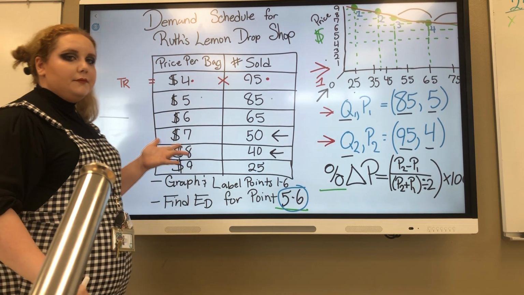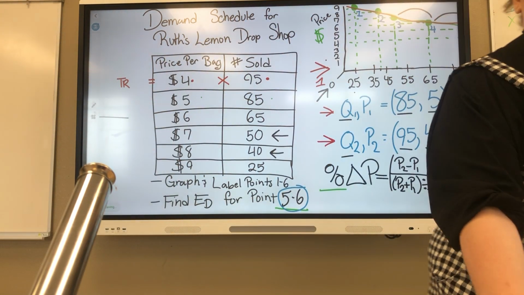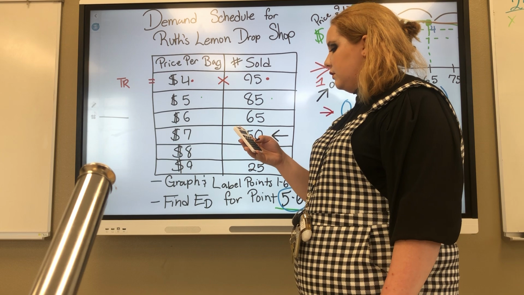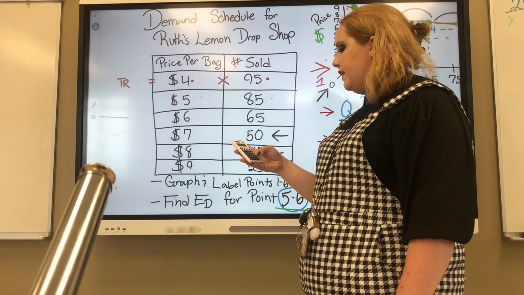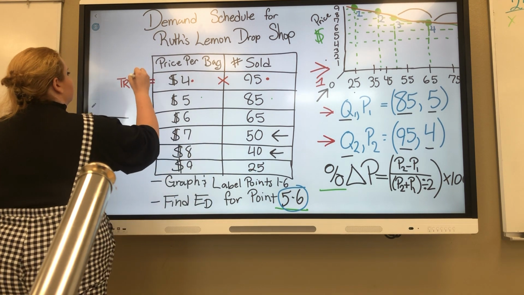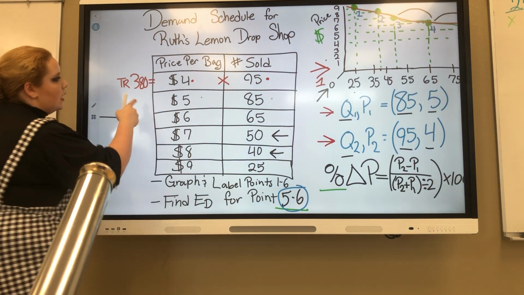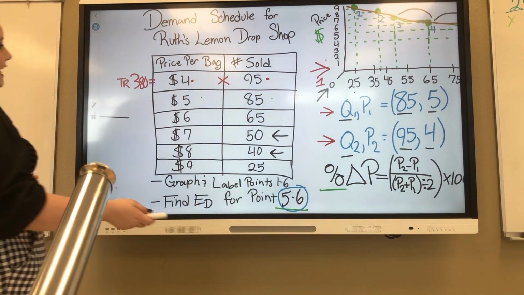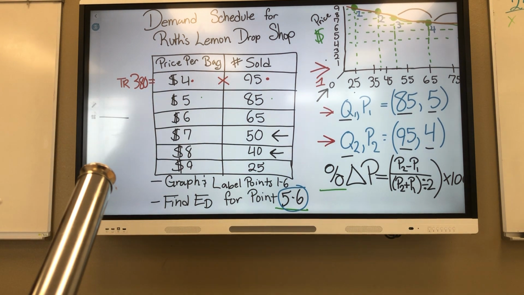So if I'm looking at $4 being 95, you take 4, type in 95, and you get 380. That's how much money you'll make if you sell all 95 of them. What I was asking is, at what price point do you make the most money? That's what I want you to find total revenue for.